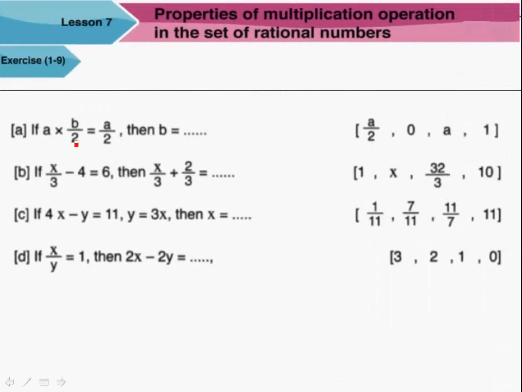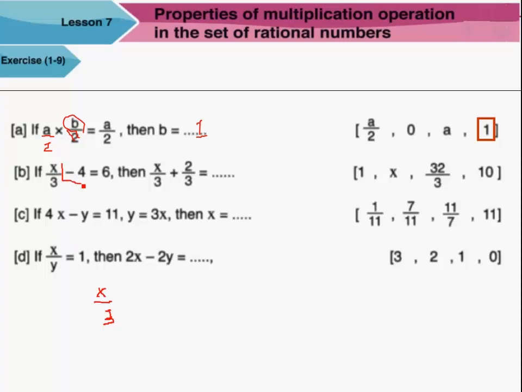If a times b over 2 is equal to a over 2, then b, we can take over 2 here. So we have a over 2 times b is a over 2. Then b must be equal to 1. Next, x over 3 minus 4 is equal to 6.